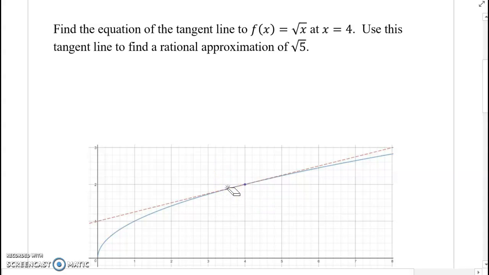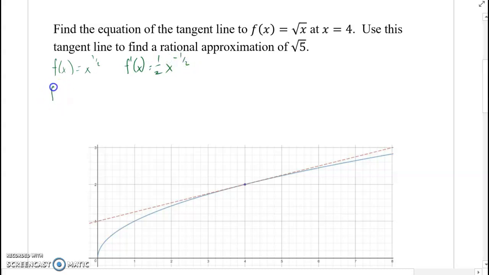So what we're going to do is use that tangent line to approximate the square root of 5, which is, of course, an irrational value. So we know that f of x equals x to the 1/2. We also know that f prime of x equals 1/2 x to the negative 1/2.